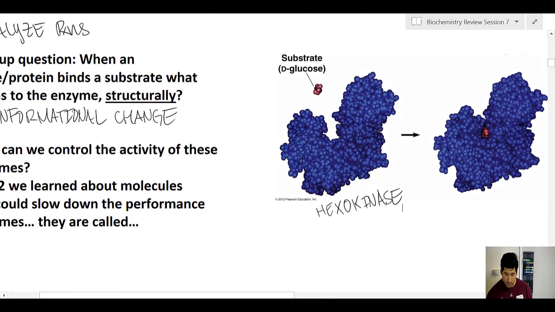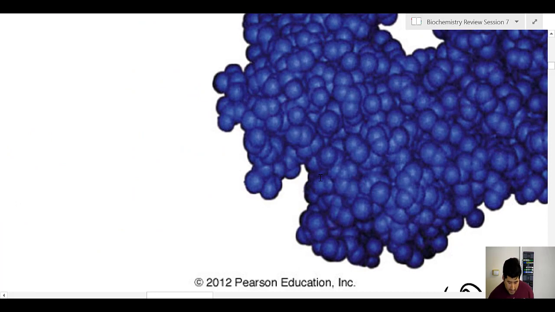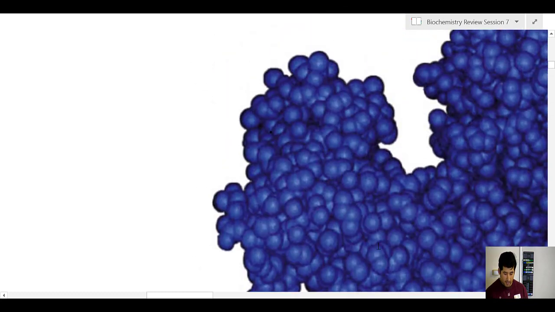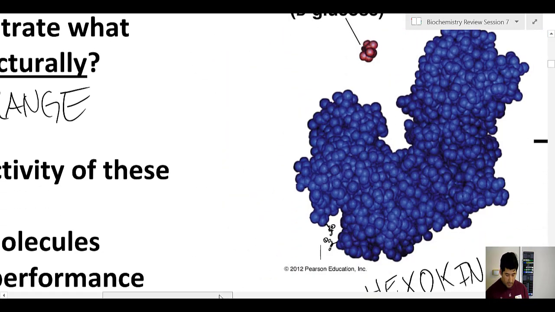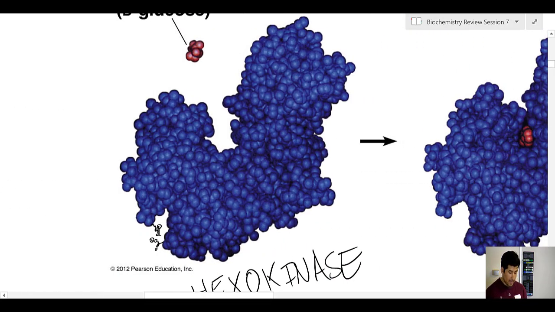So let's go ahead and zoom in here. And let's imagine that right here, we used to have a lysine residue. Let's imagine that we had a lysine residue and we also had an aspartic acid residue right there. When this enzyme grabs glucose, we can almost say that they stop interacting.